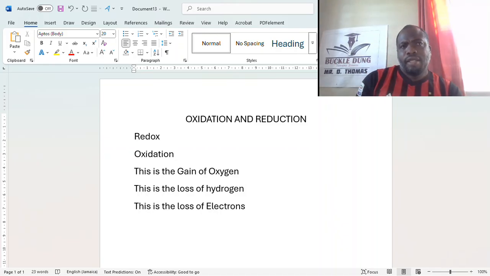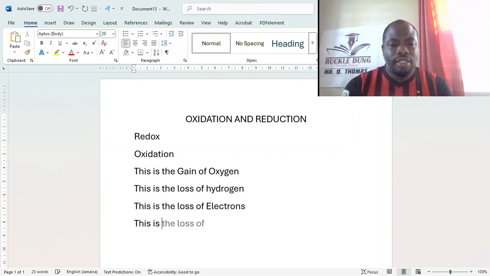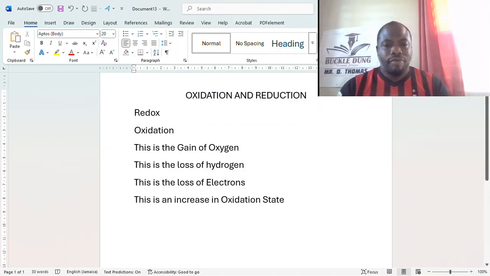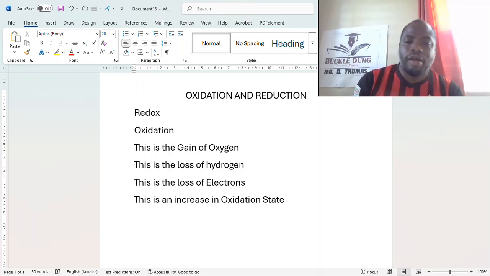And then the thing about compounds or elements, they would have an oxidation state. And they say this is an increase in oxidation state. And so once you're looking at it, we said that not all of the equations that you'll come across may have hydrogen or oxygen.